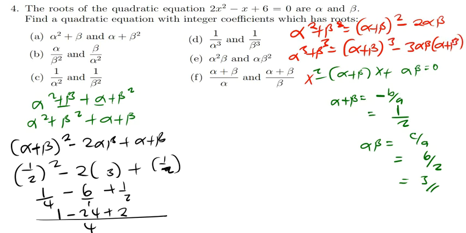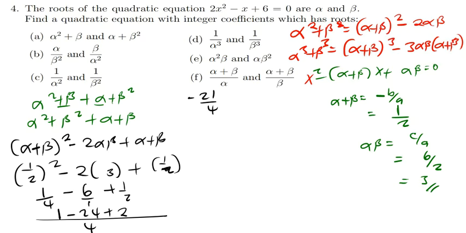So I can clearly see that 1 plus 2 is 3, so 24 minus 3 is negative 21. So I'll have negative 21 over 4. That is my sum. Now I've found my sum.